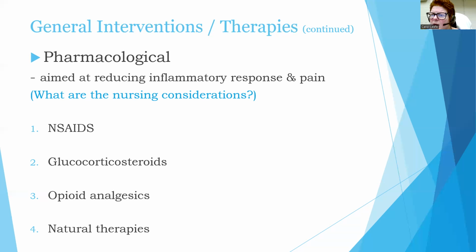But also, when you think about opioid analgesics, what else do they do? They decrease the motility of the GI system, so they can get constipated. If they're not receiving a stool softener with the opioid analgesics, we need to address that with the healthcare provider to make sure the patients are able to have bowel movements and be comfortable, because there's nothing worse than being constipated.